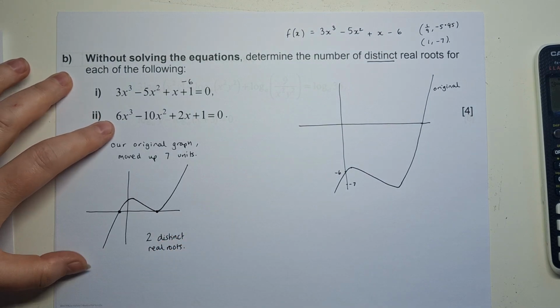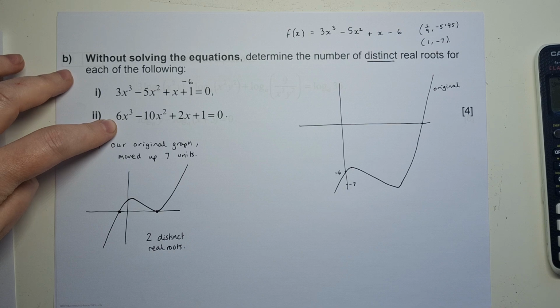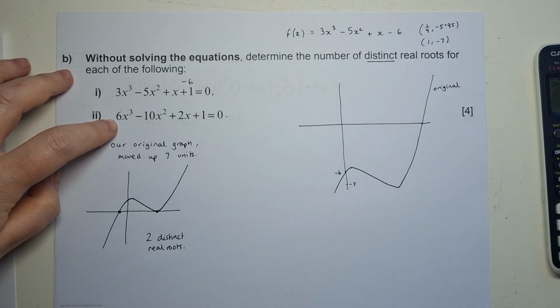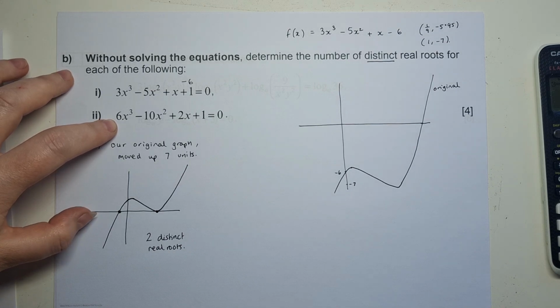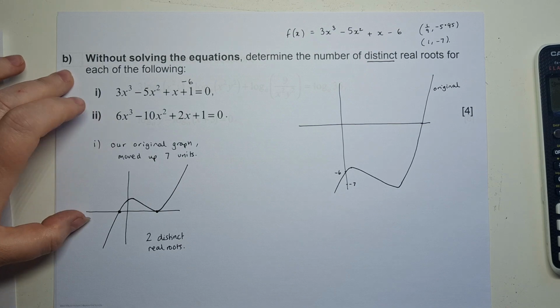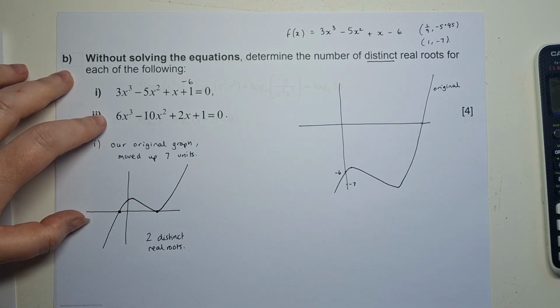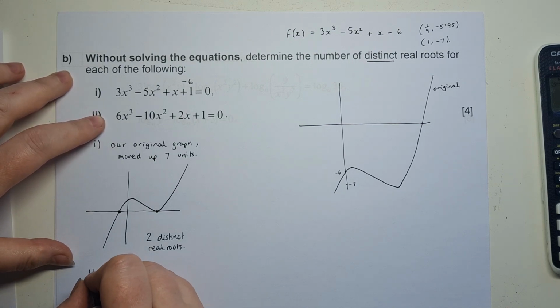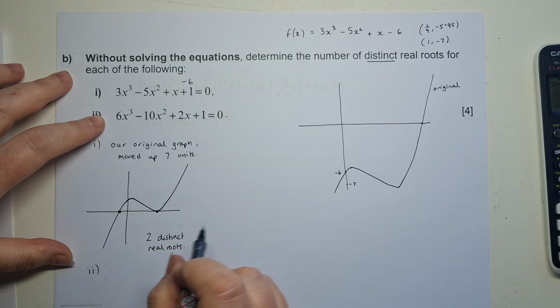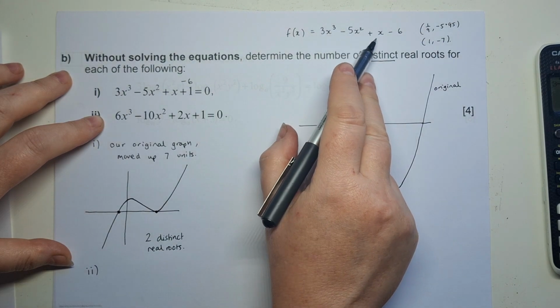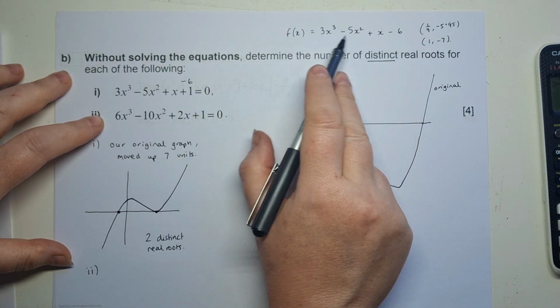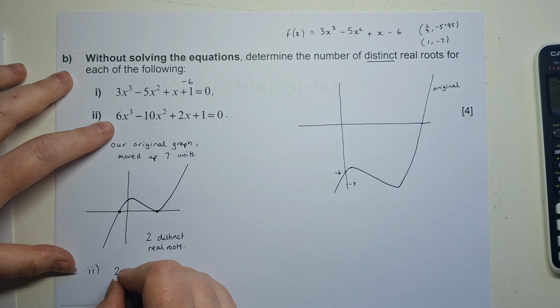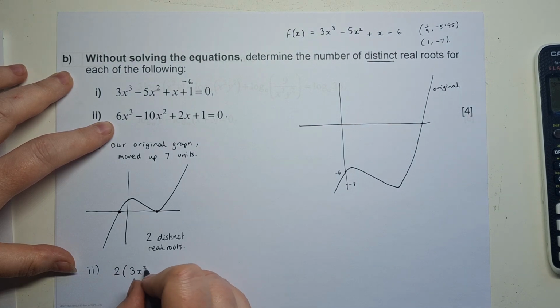Okay, our second one is more tricky. We've got 6x cubed minus 10x squared plus 2x plus 1. So when you think about our original graph, it was a 3, a 5, a 1, and all of those coefficients have doubled. So let's say I write 2 lots of our original graph like this.